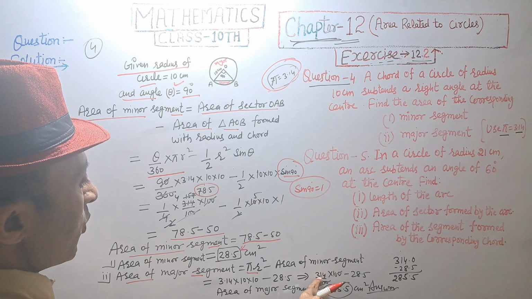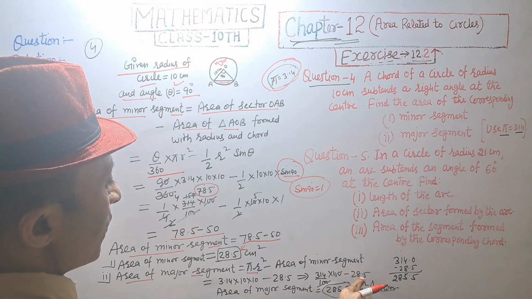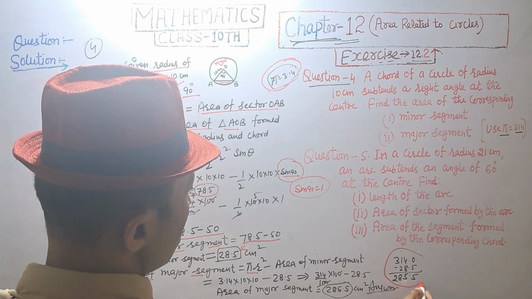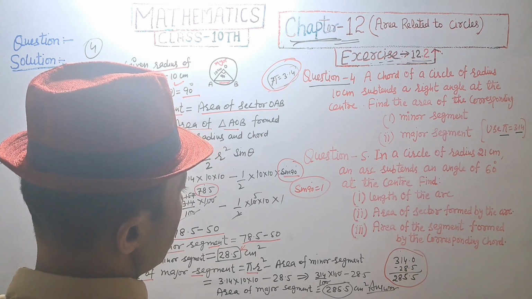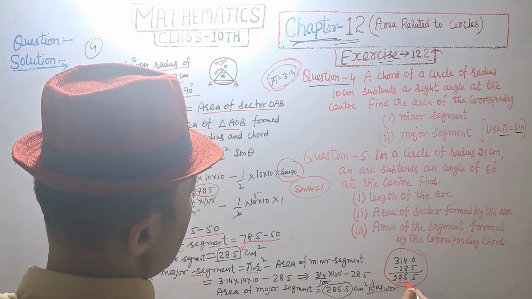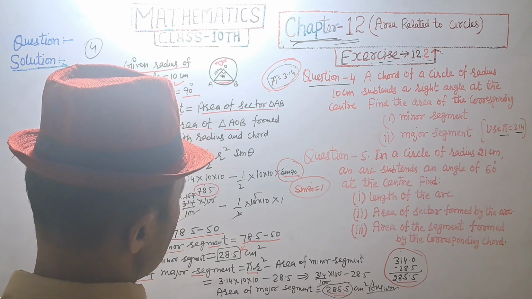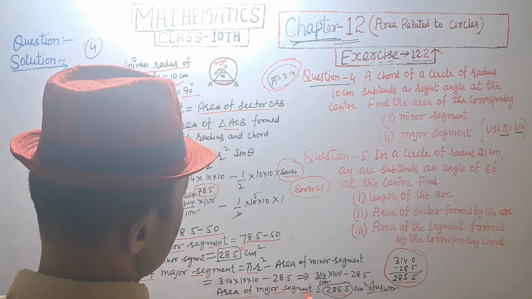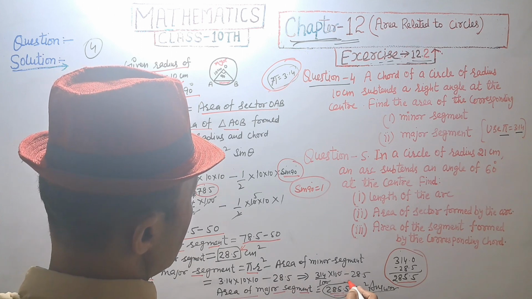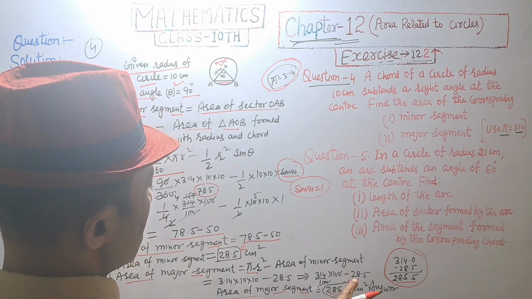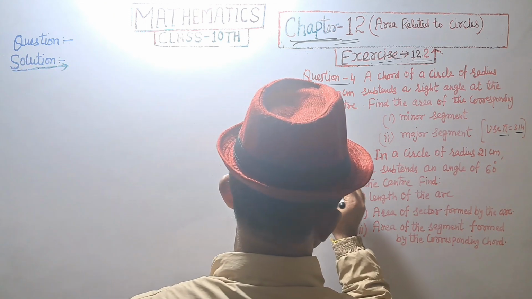We get 314 minus 28.5, and subtracting, we get 285.5 centimeter square. Area of major segment is equal to 285.5 centimeter square. Answer.